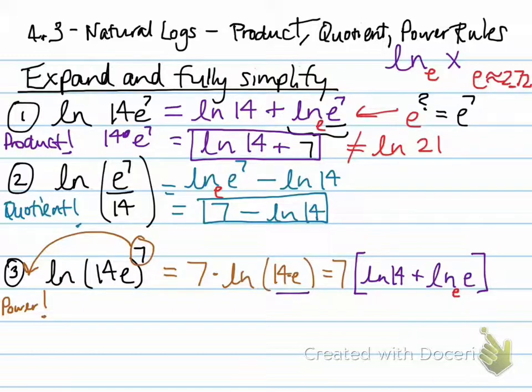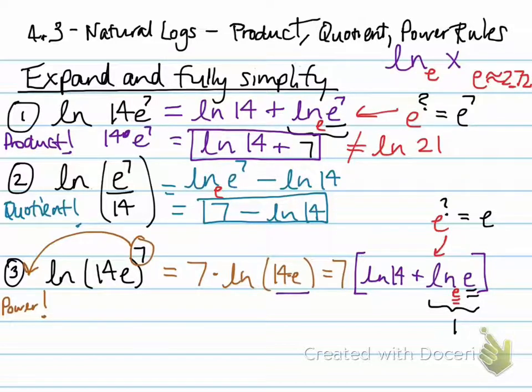So this expression here, natural log of e, it's saying my base e, what power could I raise it to so that it equals e, right? So e to what power equals e. So we all know that the answer would be 1, right? Any number to the first power is going to equal that number again. So e to the first power equals e. So this guy is going to simplify just to 1.